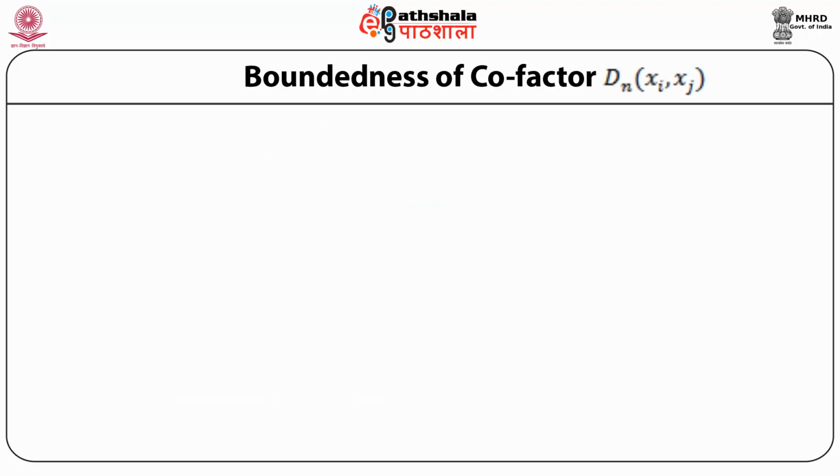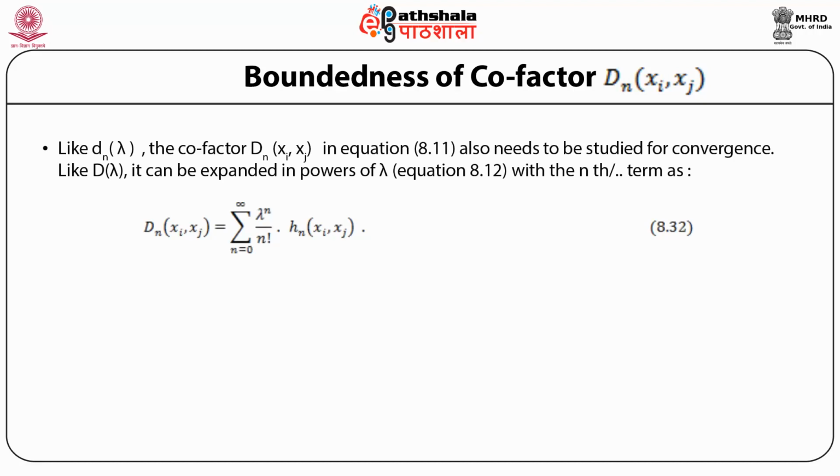Now we prove the boundedness of the cofactor D_n(x_i, x_j). Like D(λ), the cofactor D(x_i, x_j) in equation 8.11 also needs to be studied for convergence. Like D(λ), it can be expanded in powers of lambda with the nth term as the nth term of D_n(x_i, x_j), which can be written as a power series, the sum n equal to 0 to infinity of λ^n by n factorial H_n(x_i, x_j).